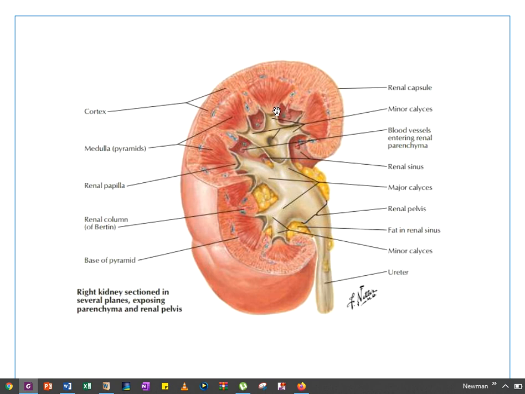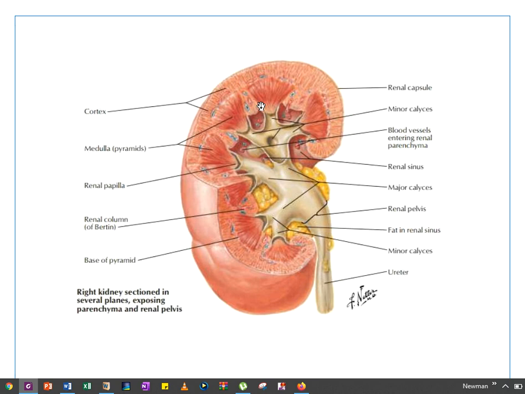You can see that here the renal papilla is convex, but when there is severe hydronephrosis, it is going to be concave. It is going to be carved out, while at this point it is carved in. This is something that I want you to recognize.